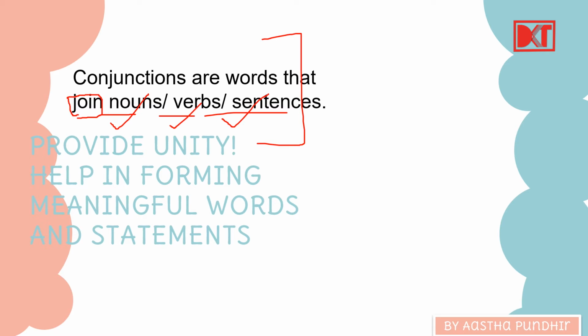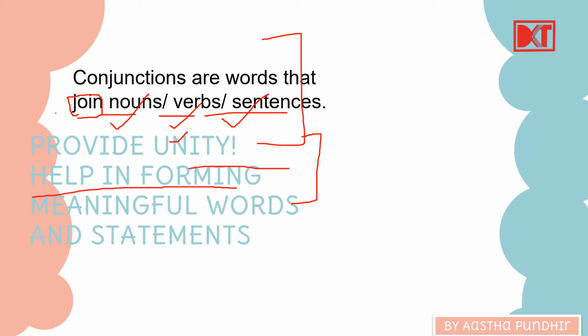They provide unity. They help in forming meaningful words and statements. अब let's see ये जो meaning हमने पढ़ा है इसके हम examples पढ़ेंगे और explanation और पढ़ेंगे. So अभी हमने क्या पढ़ा है?